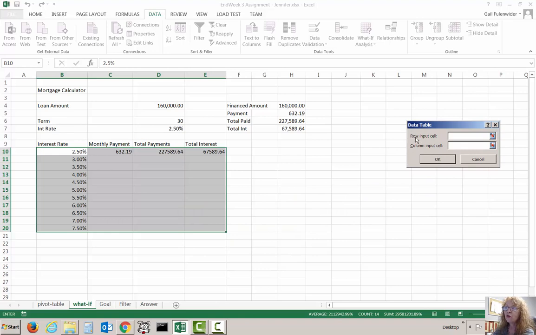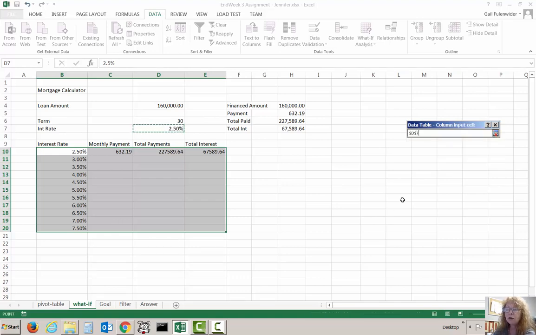Now, which row or which column has the input cell? Well, we can see that everything is going to be based upon an interest rate changing. And the interest rates are based in a column, not a row. So we want to go down here till it's a column input cell.